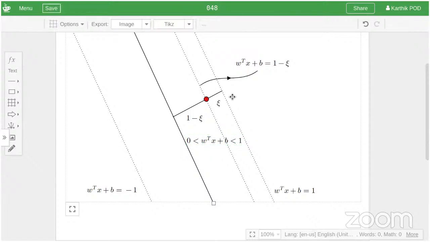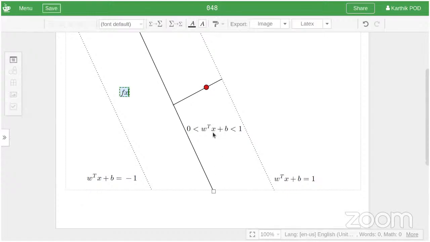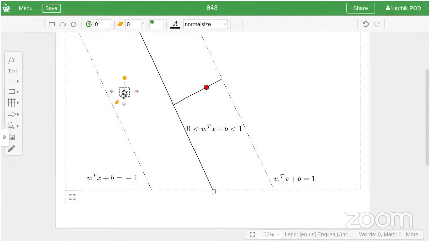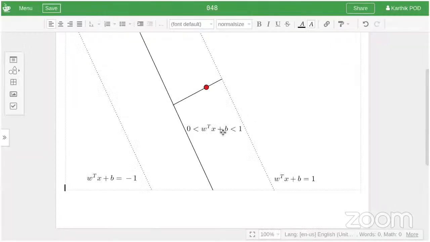Yes, sir. Okay, so once again, I'll just delete this. We don't need these things anymore. Epsilons are not needed now. So this region is actually going to be between 0 and 1. Okay, so here, what is that expression? For epsilon I, epsilon 1 minus this, right? Okay, so this is going to be between 0 and 1, right?